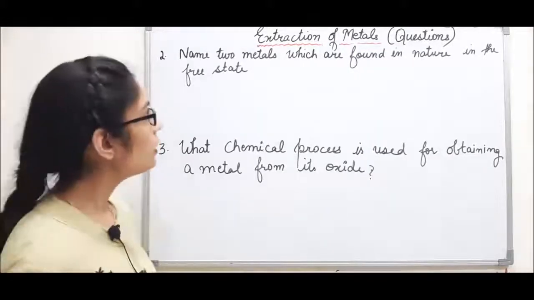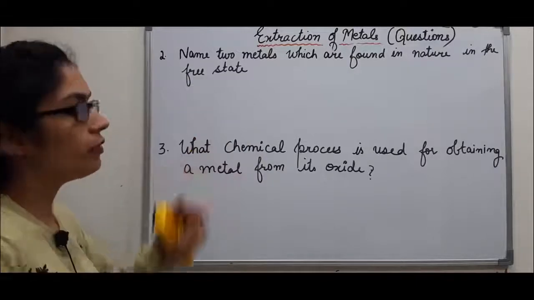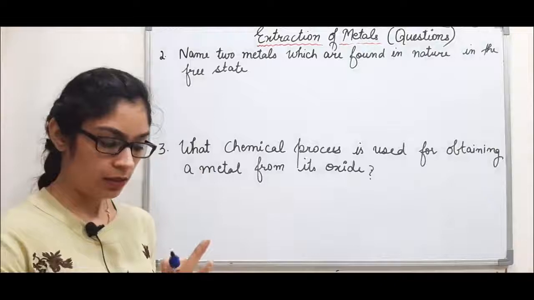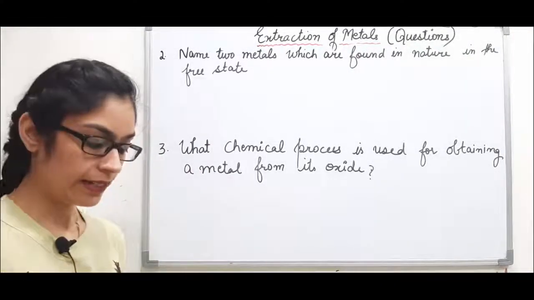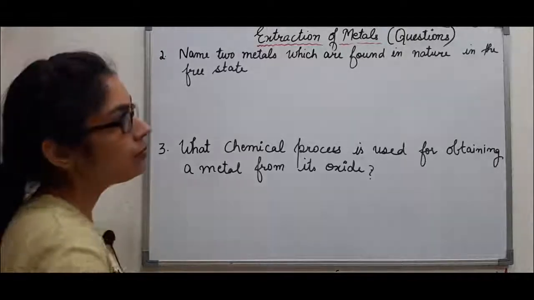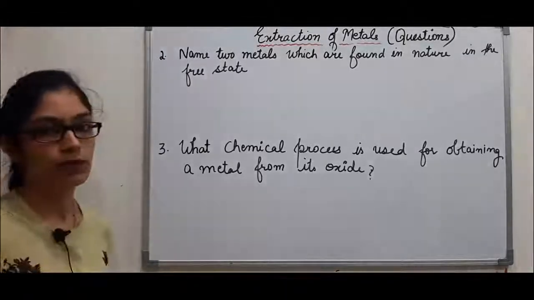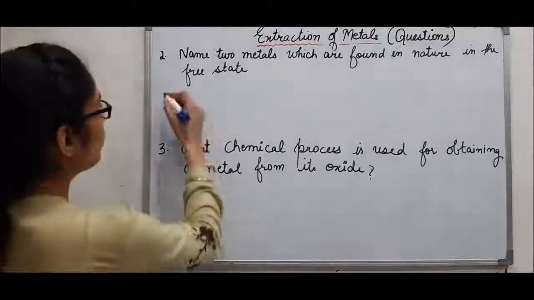The next question is: name two metals which are found in nature in the free state. We have already discussed the metals which are below hydrogen, the least reactive metals. All those metals can be found in their free state. Examples we have taken are gold and copper.